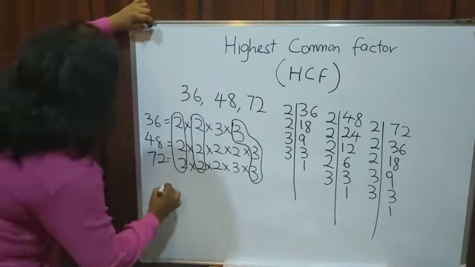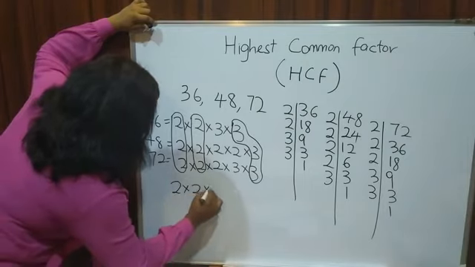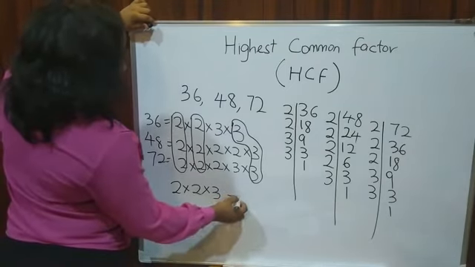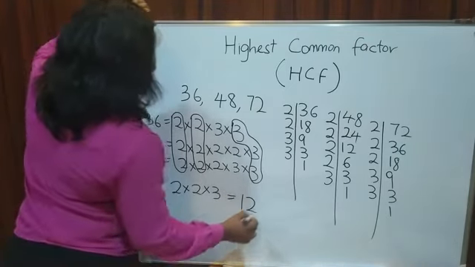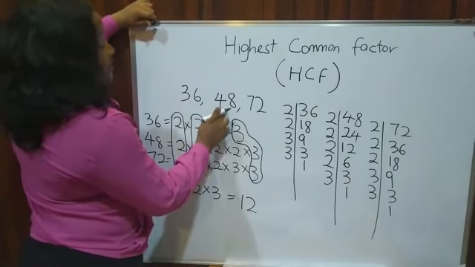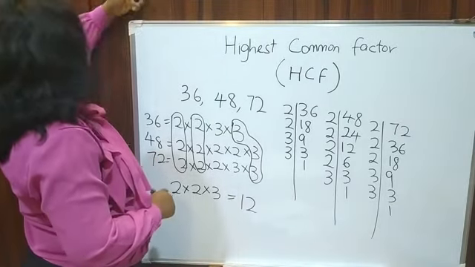So at the end of the day, we have 2 times 2 times 3, which gives us 12. So 12 is the highest common factor that 36, 48, and 72 have in common.